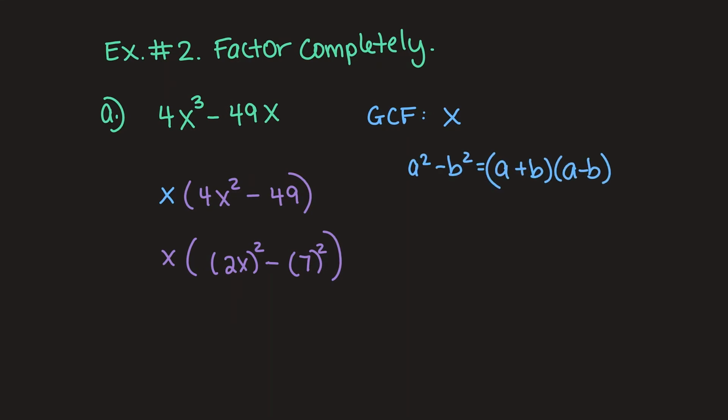Using our formula, a will be 2x and b will be 7. So this will factor to (2x + 7)(2x - 7). And since we can't factor any of these three factors any further, we're done. So our polynomial is now fully factored as x(2x + 7)(2x - 7).